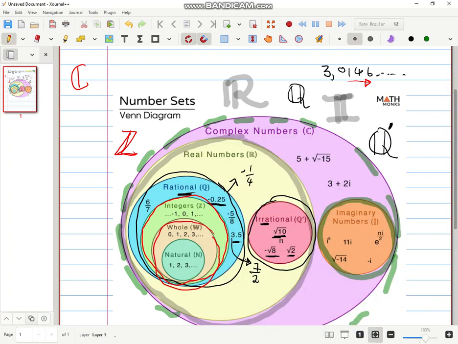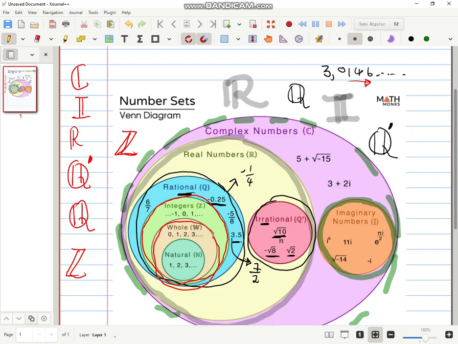Remember, complex numbers is C. Imaginary numbers is this I here, and real numbers is this R of this sort, and irrational numbers is Q that has this thing on top, and then you have your rational numbers, which is just Q, and then you have your integers, which is a Z. Almost all of these symbols have some kind of strokes to them, but you don't have to worry about the strokes because you just intuitively know.